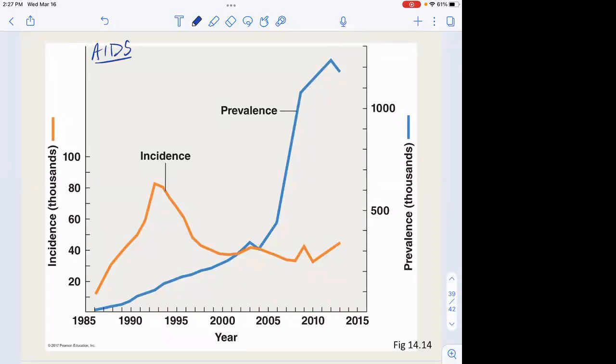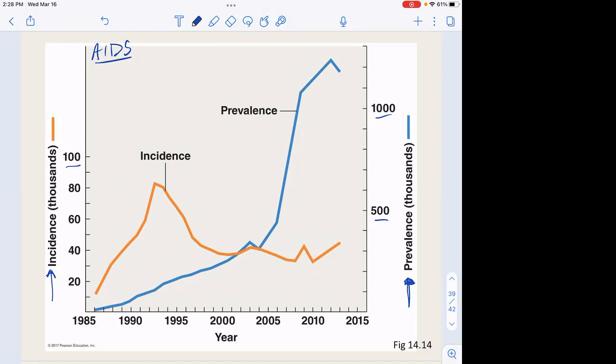My title must have got dropped off of that. This is a little bit of a confusing chart because the units for incidence are on the left side and the units for prevalence are on the right side, and you can see the units are a little bit different. You would never have the incidence, the number of new cases, be higher than the prevalence, the total number of cases. That wouldn't make sense.